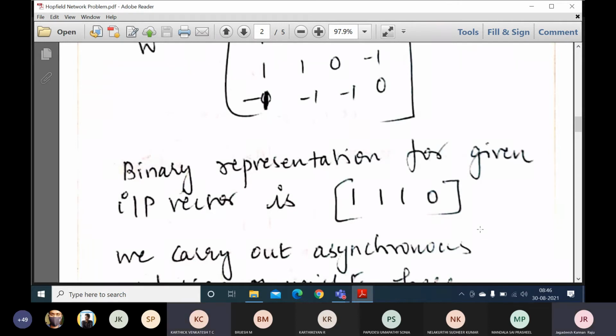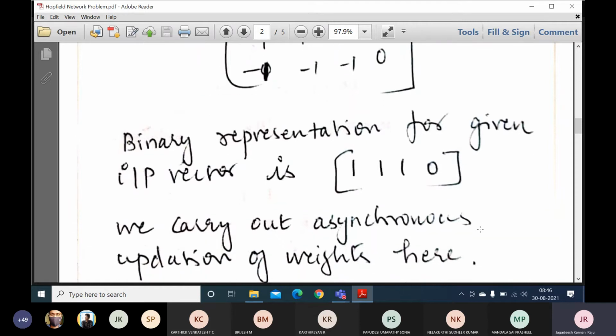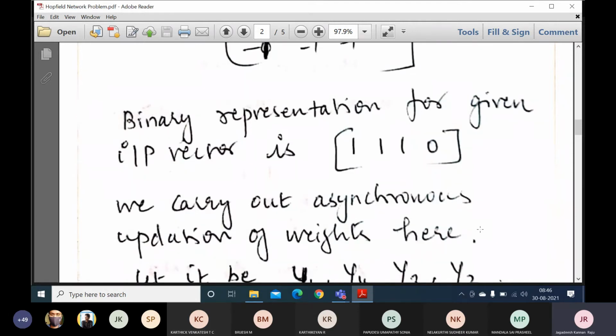Yeah, that's clear. Now, in the previous slide, we saw that the updation may be of two types: one is synchronous and the other is asynchronous. Since I have four inputs, x1, x2, x3 and x4, if it is synchronous, I go like y1, y2, y3 and y4.